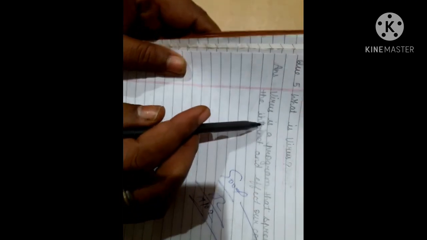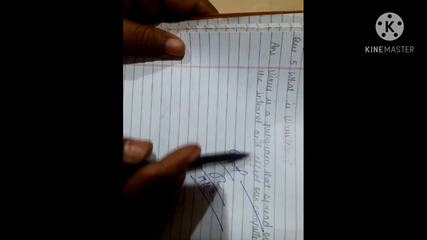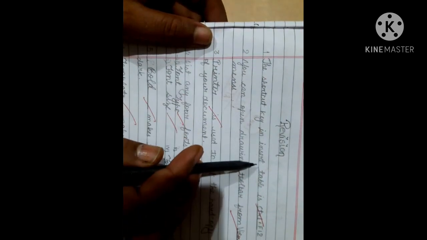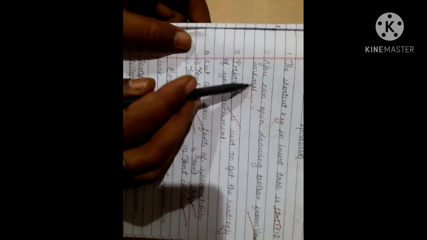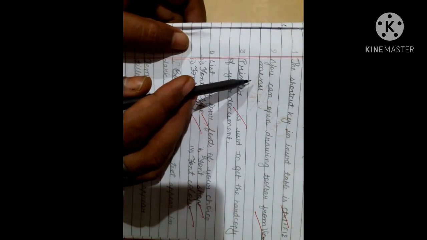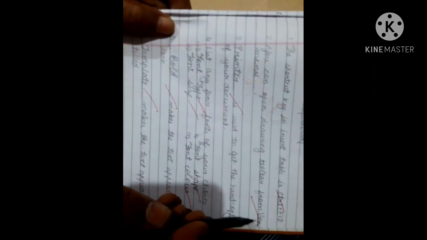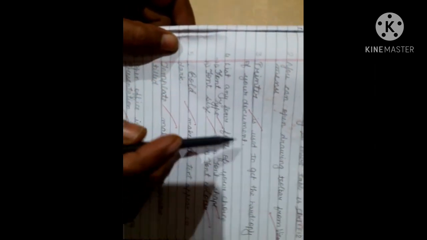What is virus? Virus is a program that spreads over the internet and affects our computer. Revision. The shortcut key to insert table is Ctrl+F12. You can open drawing toolbar from the View menu. Printer is used to get the hard copy of your document.